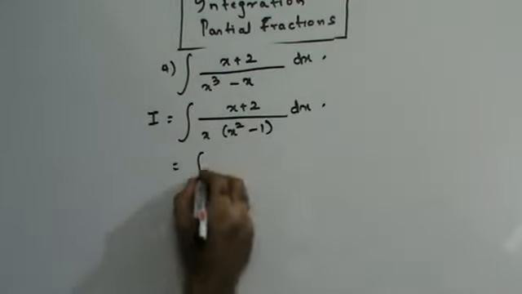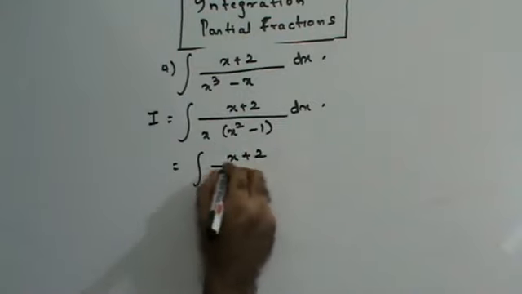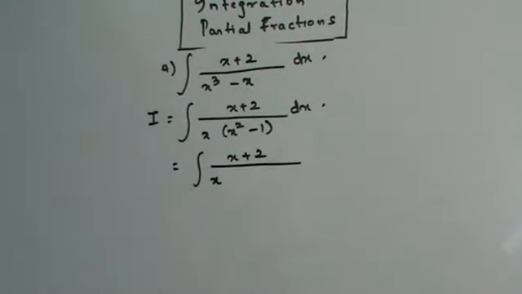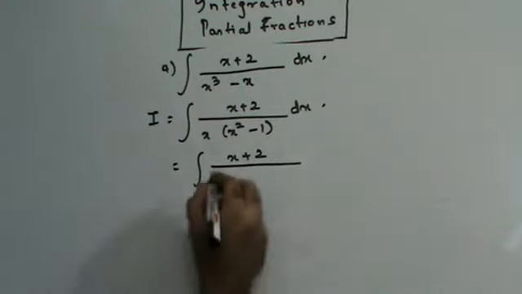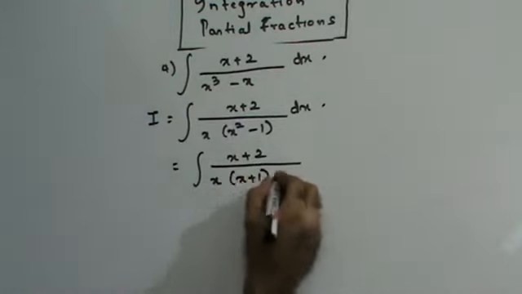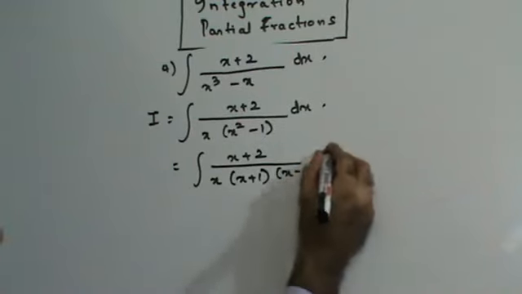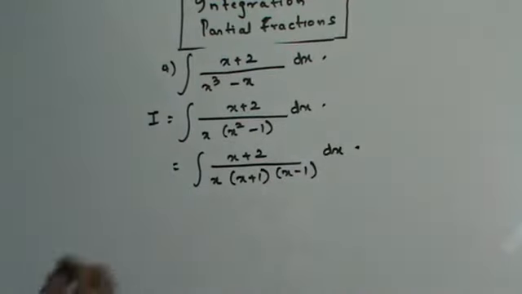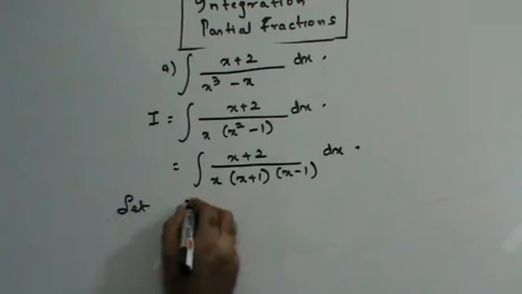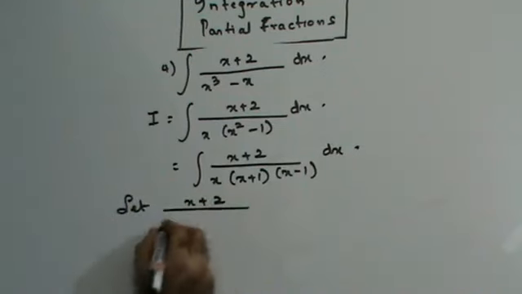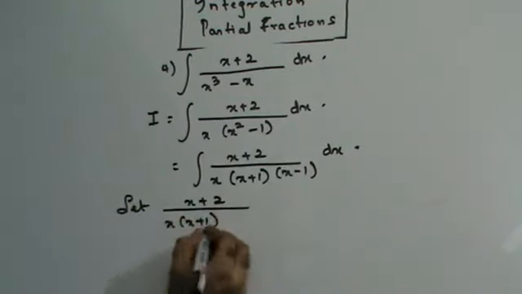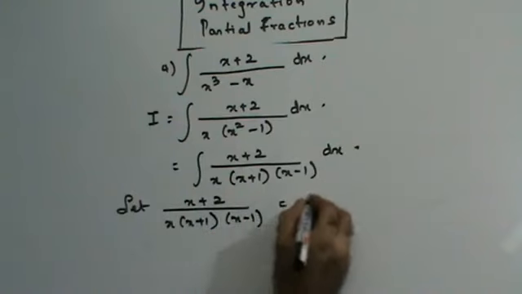This can be written as integral of (x plus 2) upon x times (x square minus 1). X square minus 1 is in the form a square minus b square, which is nothing but (a plus b)(a minus b) dx.